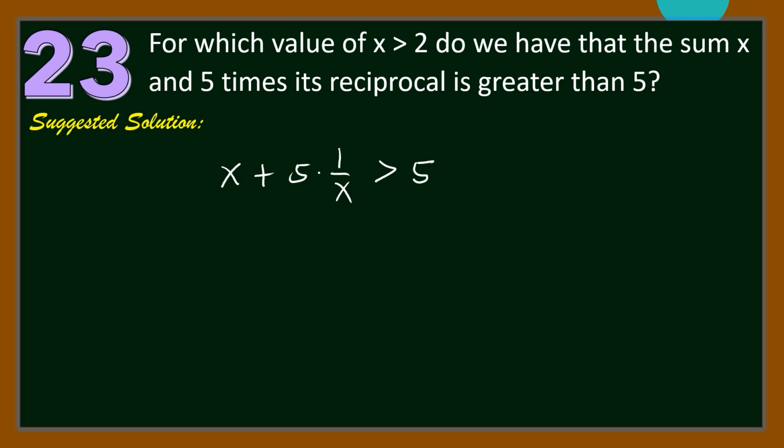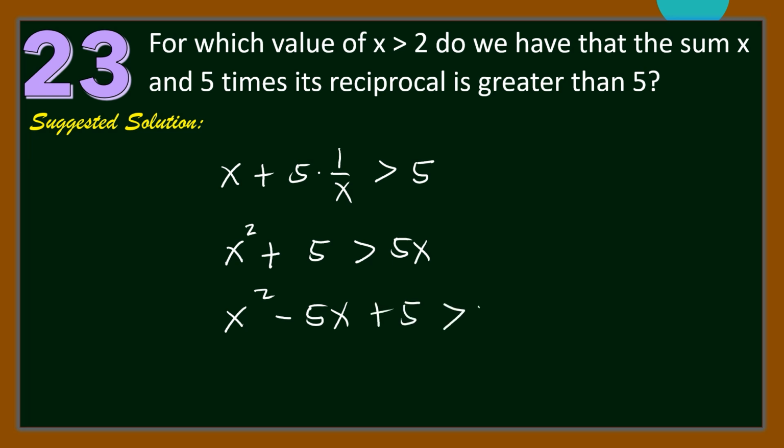Multiplying all terms by x, we have x squared plus 5 greater than 5x. So we have x squared minus 5x plus 5 is greater than 0.